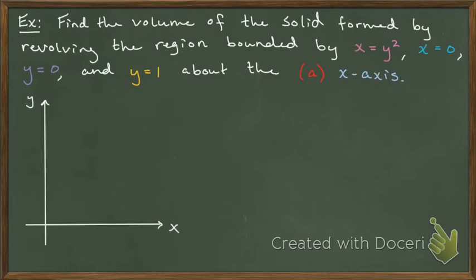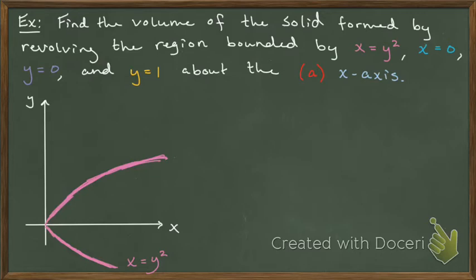So I'm going to draw a picture again, best I can. x equals y squared, I want to graph here first. That's just going to be a parabola, but it opens to the right, right? Because x is defined by y squared. It looks almost exactly like y equals x squared, but it's opening to the right. Okay, so that's x equals y squared.